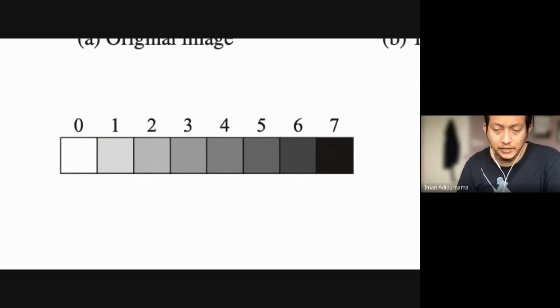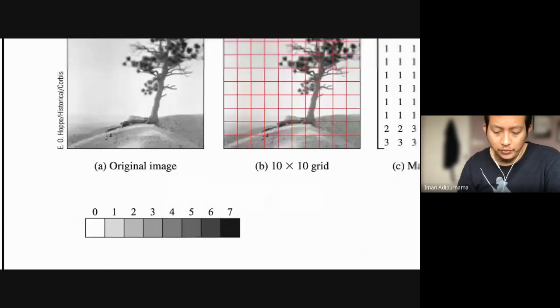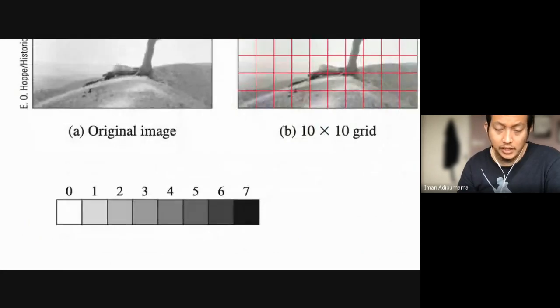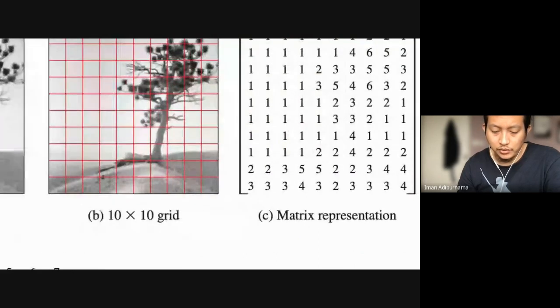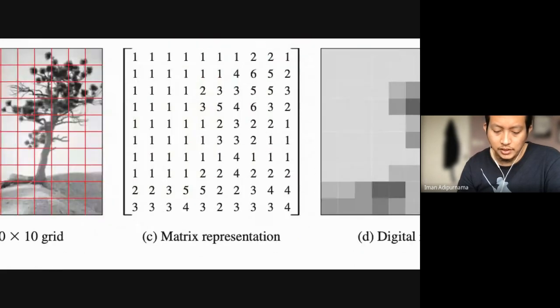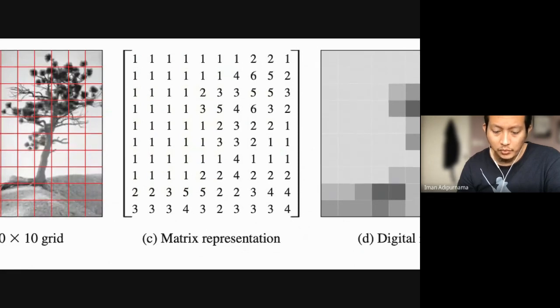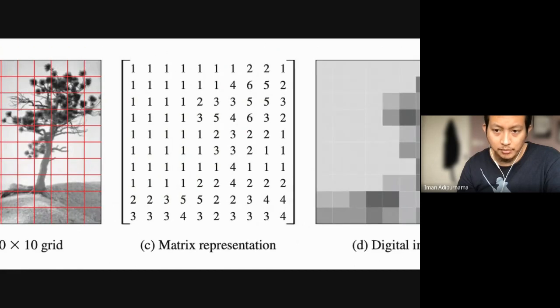Let's say we have this 7 scale for colors. If we represent these numbers as colors, and we want to take the image into our system, we can make the color scheme into a matrix like this.